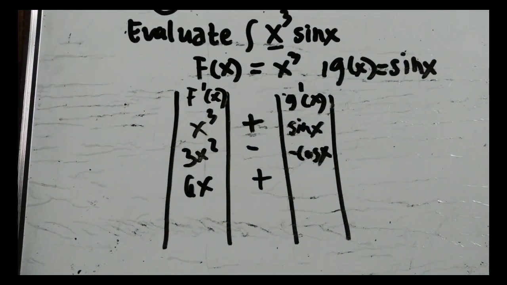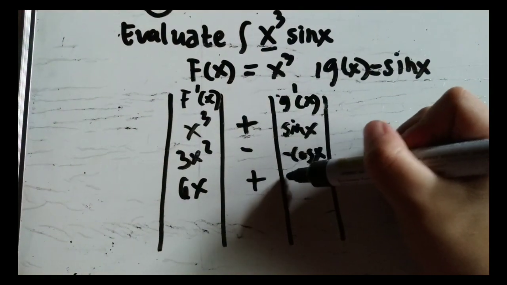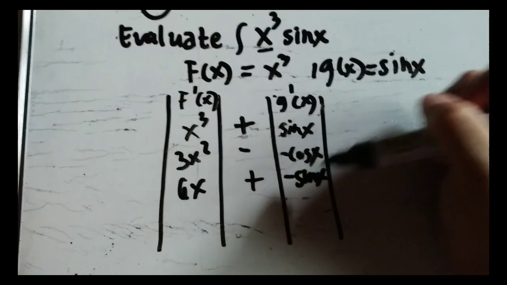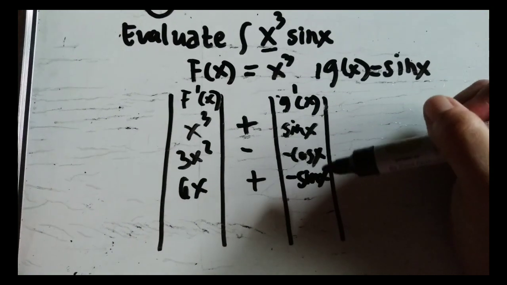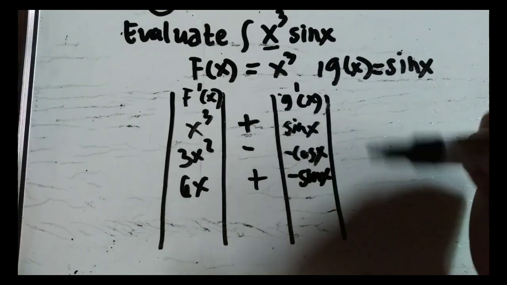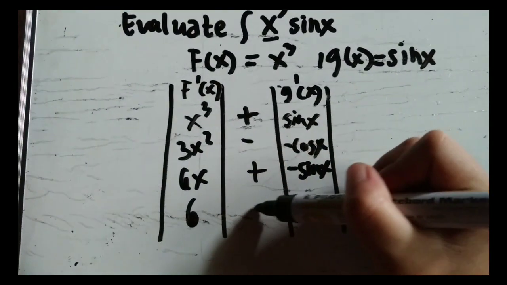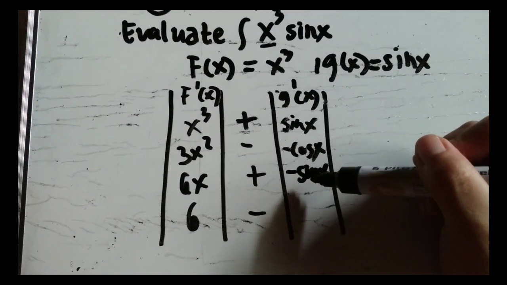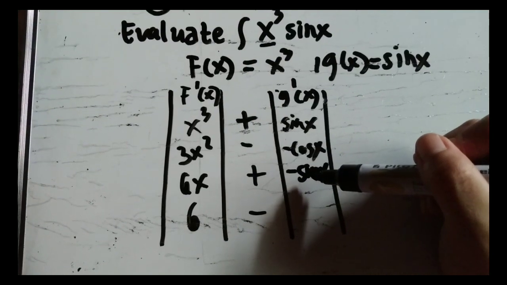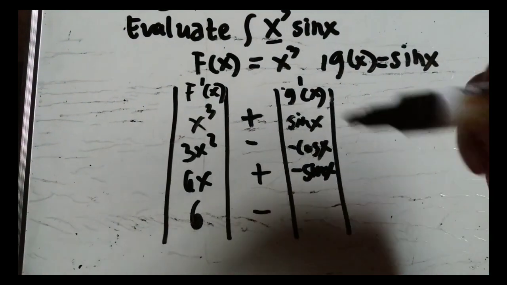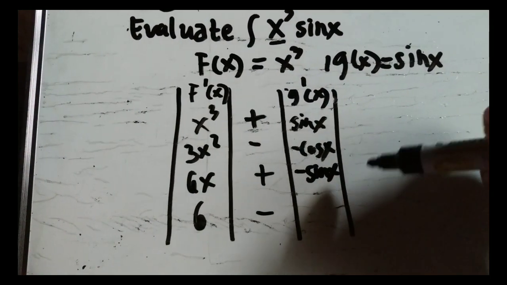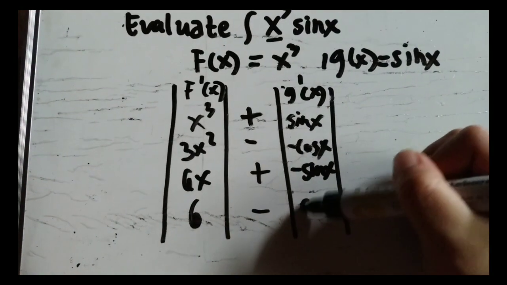The antiderivative of cosine x is sine x, so the antiderivative of negative cosine x would be negative sine x. Then next, the derivative of 6x would be 6, then minus, then the antiderivative of negative sine x would be positive cosine x.